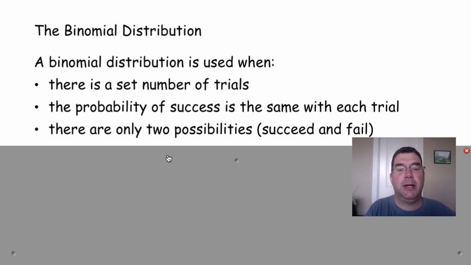So we will know it's a binomial distribution if there's a set number of trials, so the event happens a specific number of times. The probability of being successful is the same with each trial, so you would not want to use this whenever you're drawing marbles out of a jar, let's say without replacement, because the probability does change.